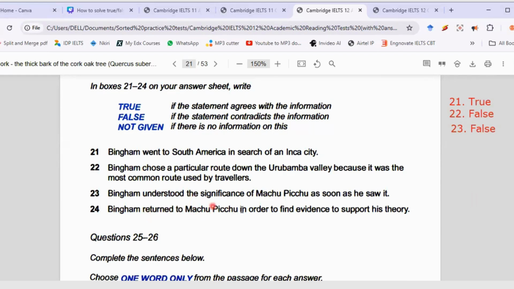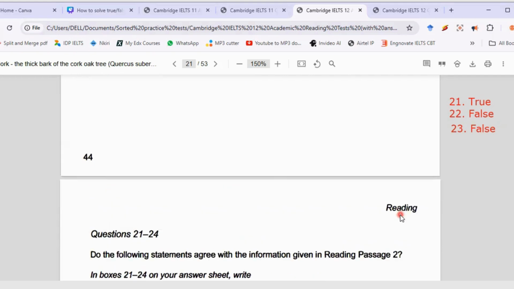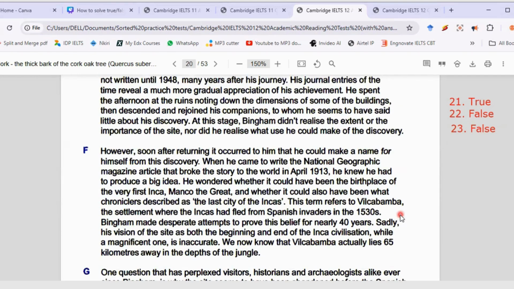So what I'm saying here is that he traveled to Machu Picchu the first time, went back to his country, and then after some years, he returned to find evidence to support his theory. That's what this statement is saying. So let's go and check the passage. Did he return? That's number one thing I want to check. Number two is, did he return to find evidence to support his theory?